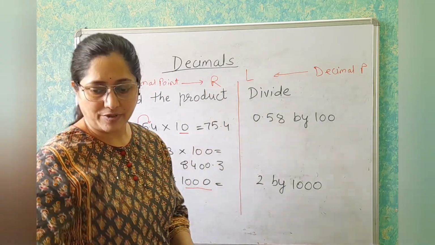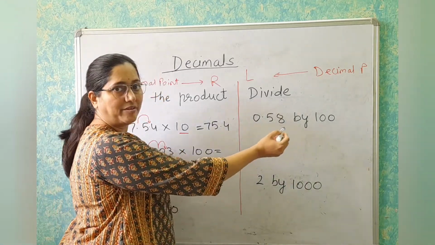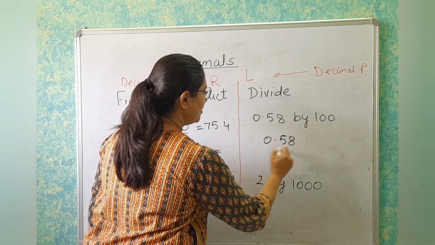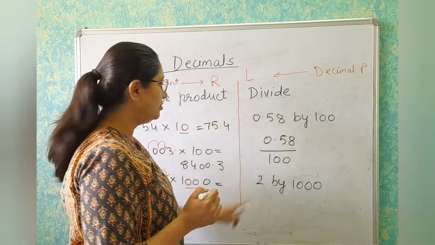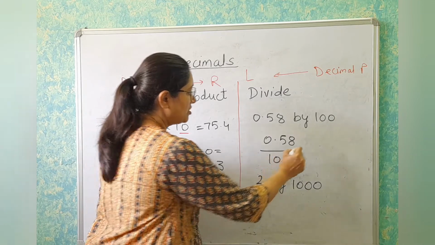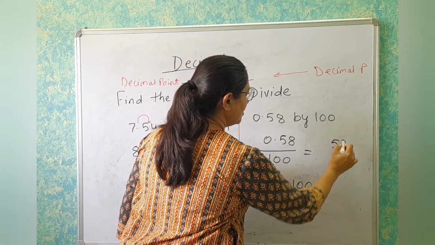Let's take an example. 0.58 divided by 100. First I will write 0.58 divided by 100. Now again I will count the number of zeros in 100, that is 2 zeros. So first I will write 58.